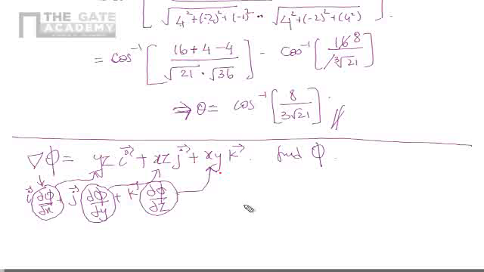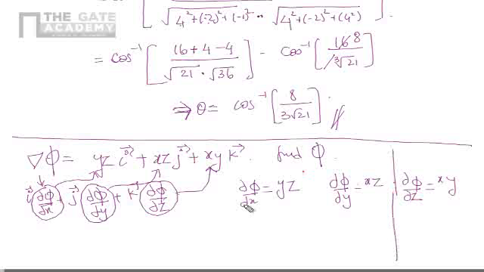Clear? So the moment del phi is given, we know that dou phi by dou x is nothing but yz. Dou phi by dou y is nothing but xz. Dou phi by dou z is nothing but xy.